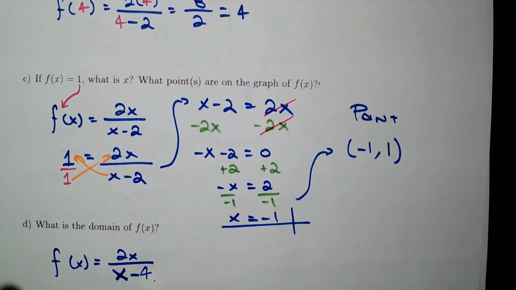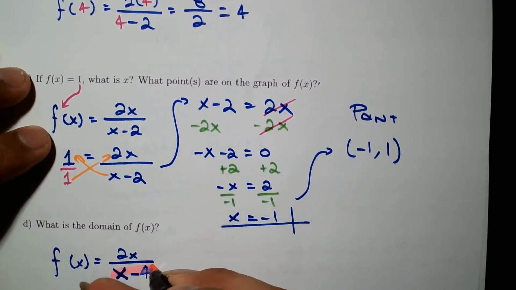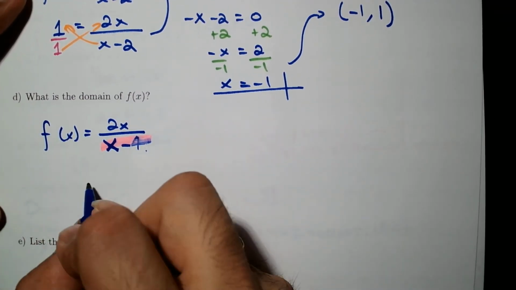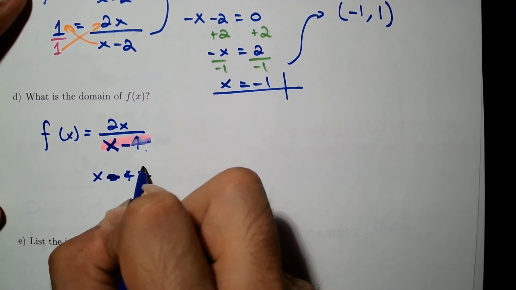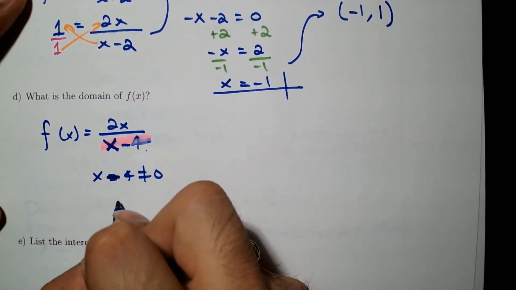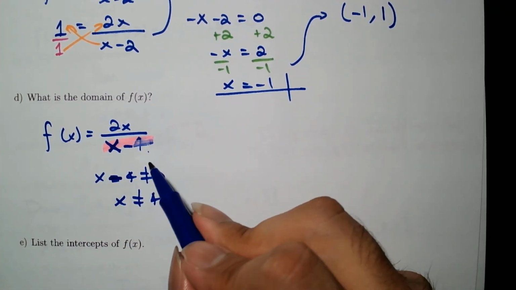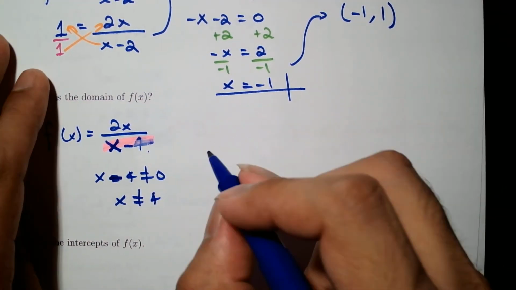The restriction for rational functions is that the denominator cannot be 0. So x minus 2 cannot be 0, so x cannot be positive 2, because if we plug in 2, we're going to get a 0 in the denominator.